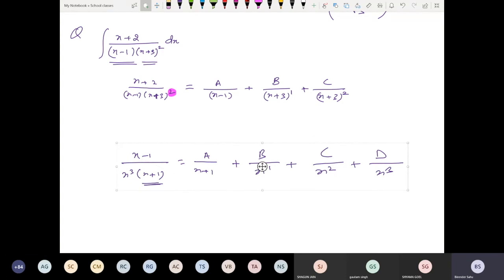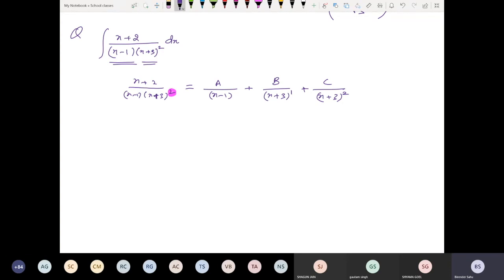So we will do our question. See, what to do? By comparing the options, we can do all questions. See, this is x plus 2 equals, this is x minus 1, x plus 3 whole square.